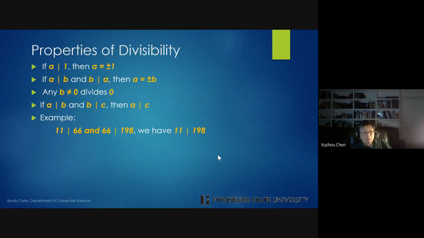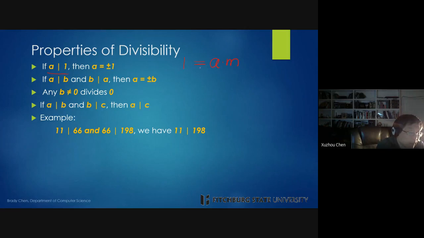And here are the properties of divisibility. If A divides 1, what does that mean? So I can write 1 as A times some number, because A can divide 1.